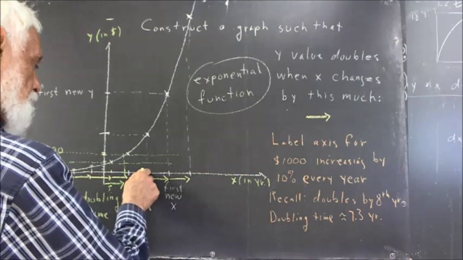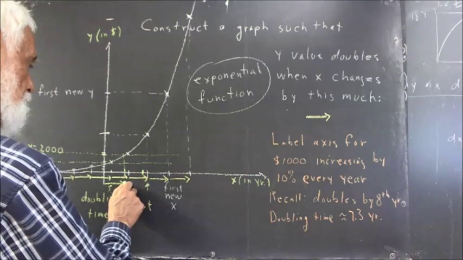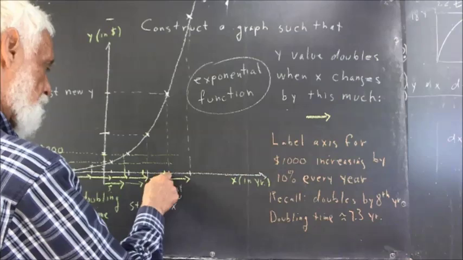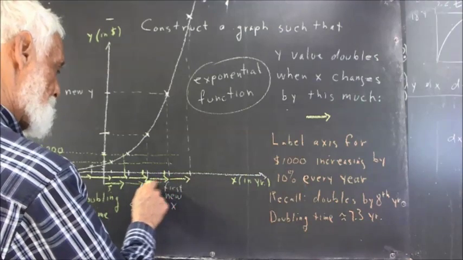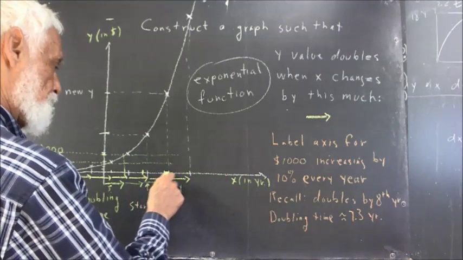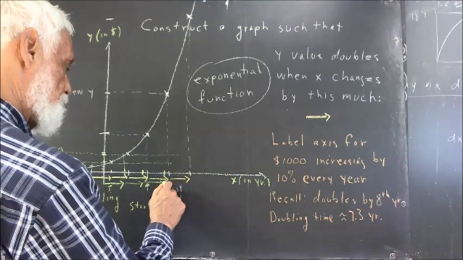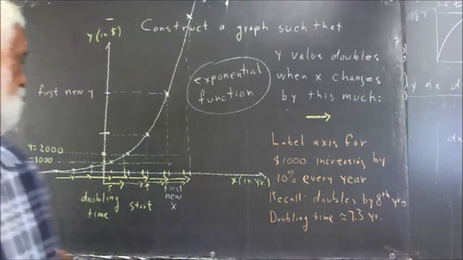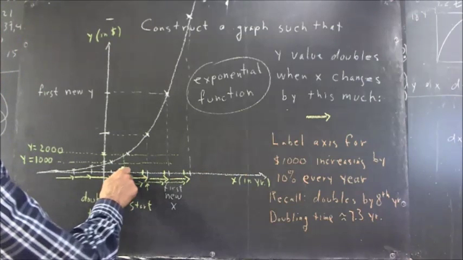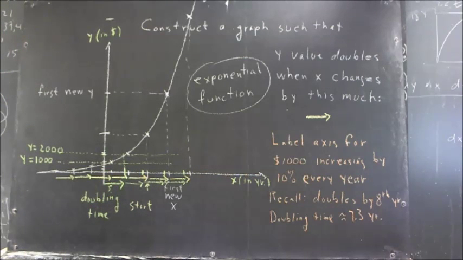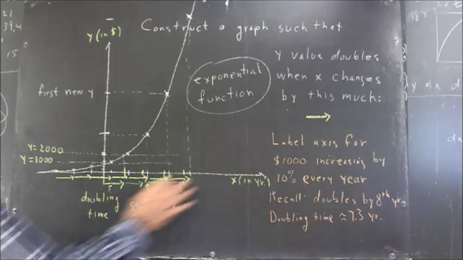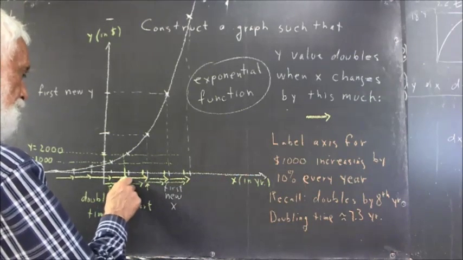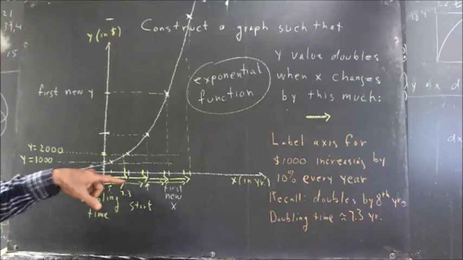So let's just say then, another doubling time would be here, and another doubling time would take us to here, and another doubling time would take us to here. So this point on the axis, now things are getting a little crowded, but x in years would be 7.3 at this point.